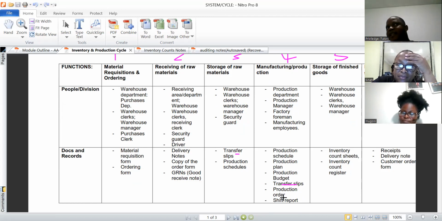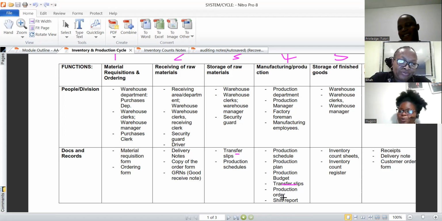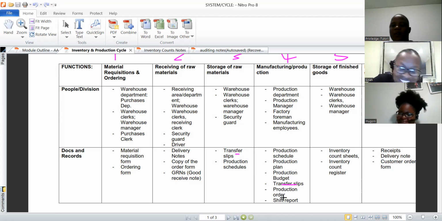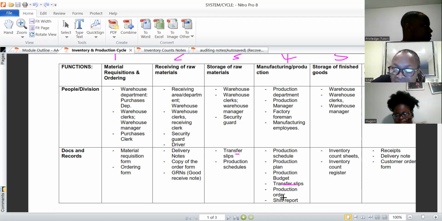Think of it in this context: if you are in winter, what do you think would happen to summer clothing? People won't be buying it, it won't sell, you understand? So we need to have a production order. It's just one of the other control measures that guides us to manage our production costs.